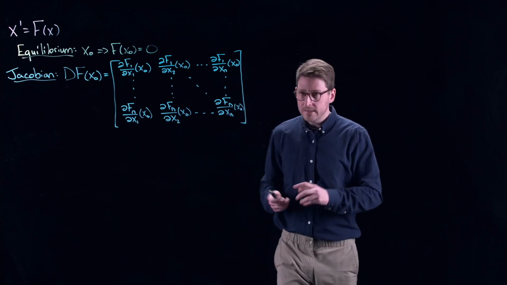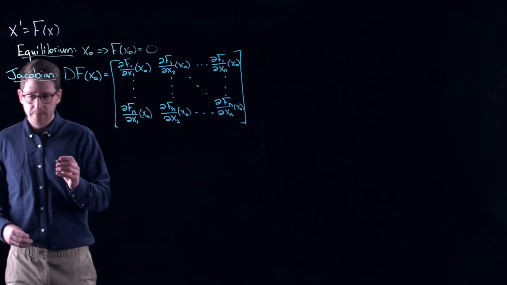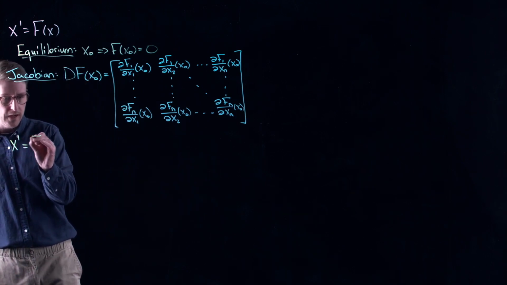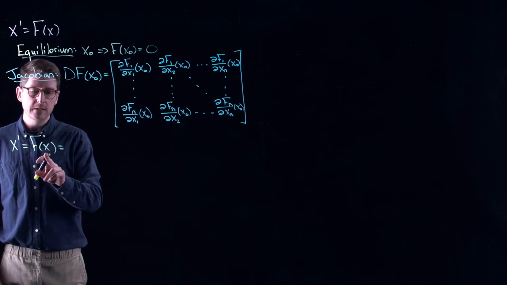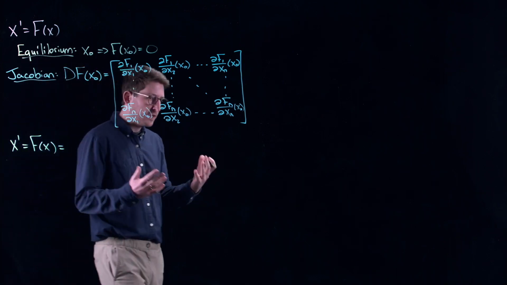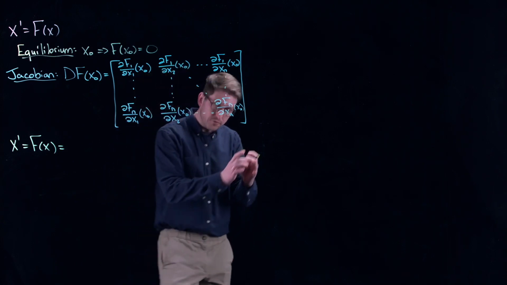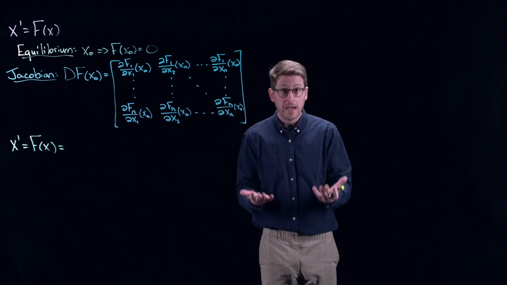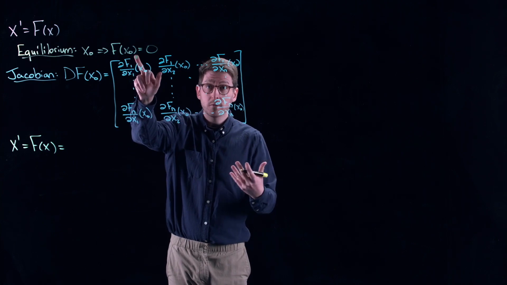So why is this thing interesting? Here's the basic idea. If I take x prime equal to f of x, let's do a Taylor expansion of f around my equilibrium point. Just like with Newton's method, where you fixate around your guess, here I'm going to fixate around the equilibrium point.